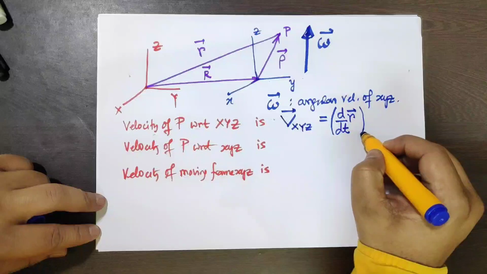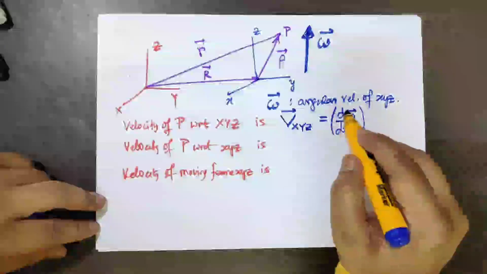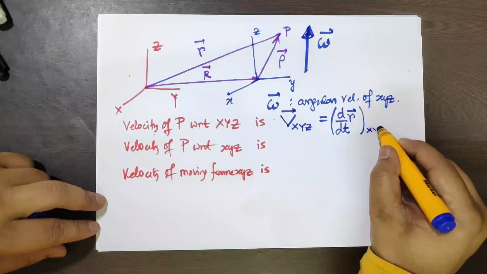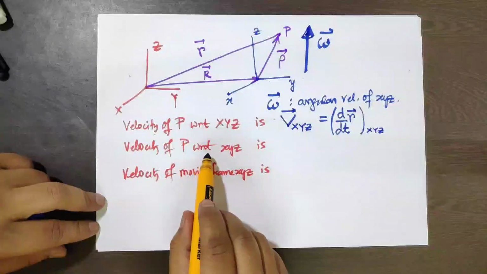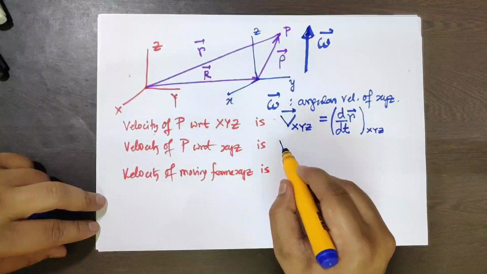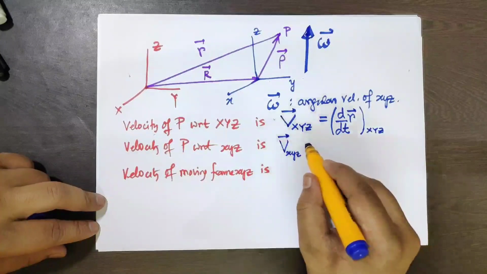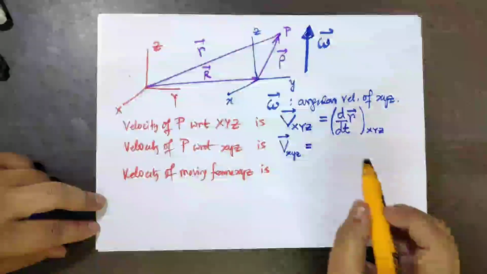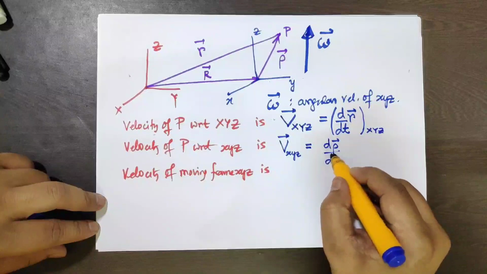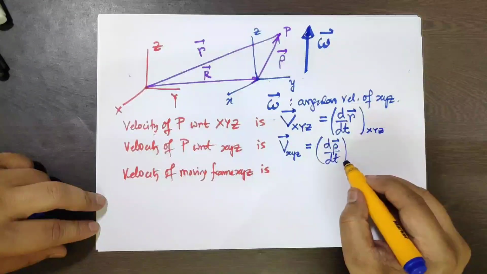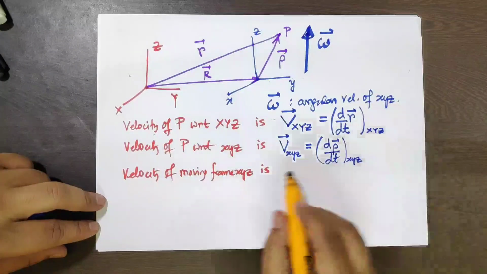Every derivative depends on which frame; we are differentiating r with respect to time from the frame capital XYZ. Now this is the velocity of P with respect to small xyz, so that's v small xyz, the relative velocity of P with respect to the moving frame. That's d rho/dt, obviously differentiating with respect to the small xyz frame.